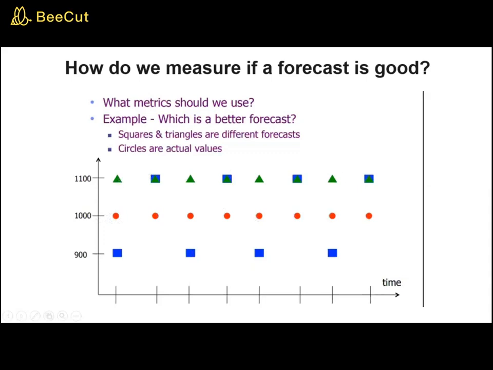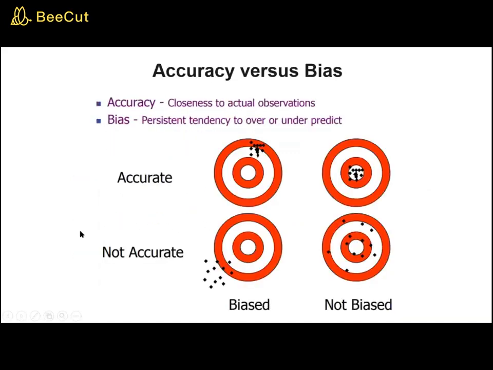So if you had to decide which one is better of these two, I would definitely pick the squares. The squares are much better than the triangles, because with the triangles, you can definitely note that they're always over predicting and there's a bias. Again, the reason I'm saying squares are better is that if you average this out, it's going to be very close to the circles.